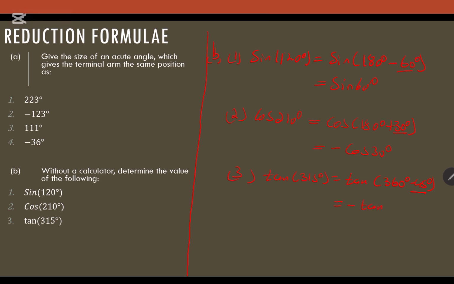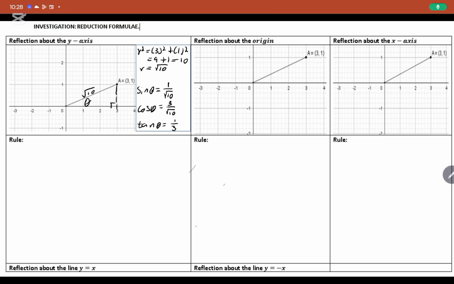negative tan 45 degrees. Now, we are going to investigate the reduction formula for the general angles. Now, I always develop worksheets like this just to try and fast track the conceptual development with learners.